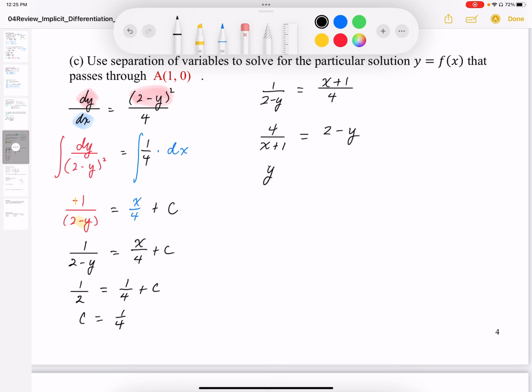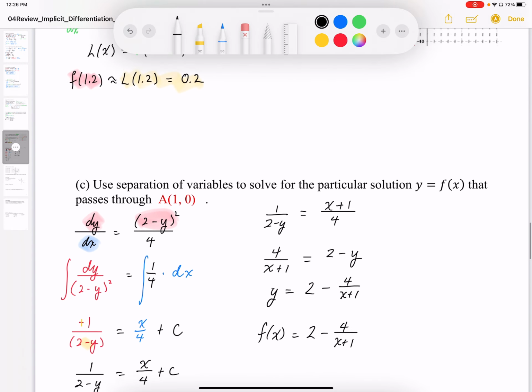This negative y becomes positive on the other side, and I end up with y equals 2 minus 4 over (x plus 1). So f of x for that specific solution is 2 minus 4 over (x plus 1).